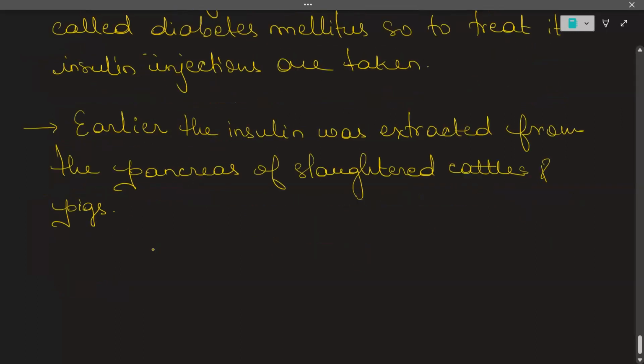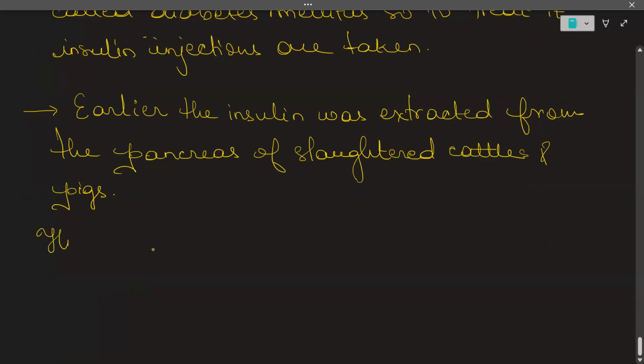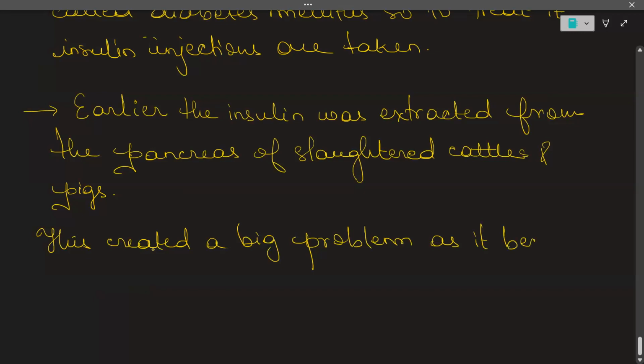So what used to happen? This created a big problem, as it caused allergy in some patients.